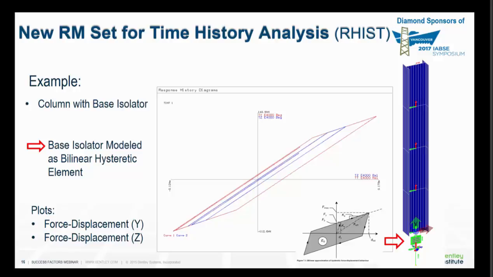And we used our new RHIST as the RM set when we run the time history analysis. Here in this picture, you see two different plots: a force displacement plot for the y direction, and a force displacement plot for the z direction. And you can clearly see the plots in these two directions, and you can see the hysteretic behavior for this element.